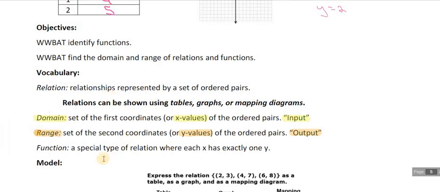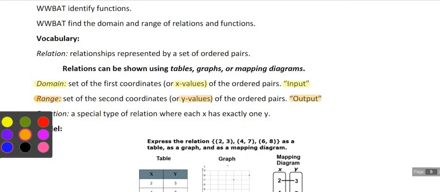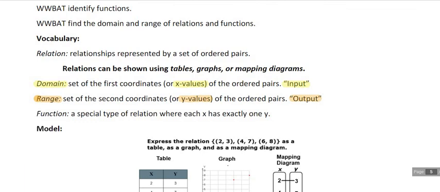And then we have function. A function is a special type of relation where every x has exactly one y. Okay, so a function is a very special and specific type of relation where every x has only one y.